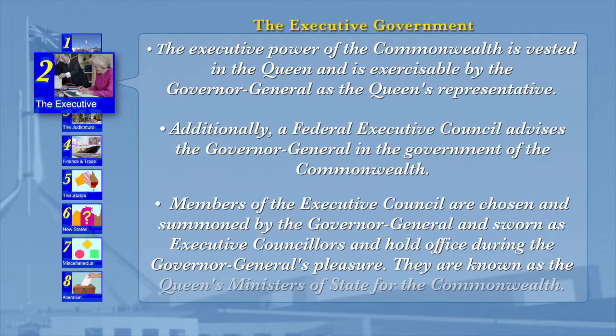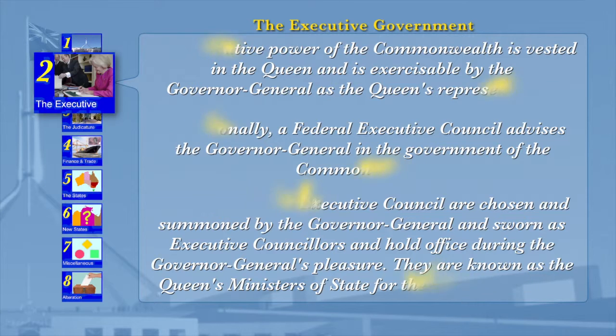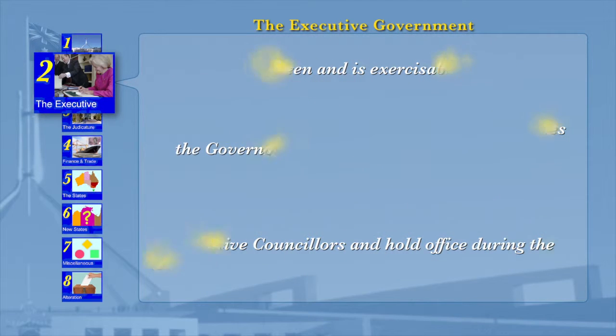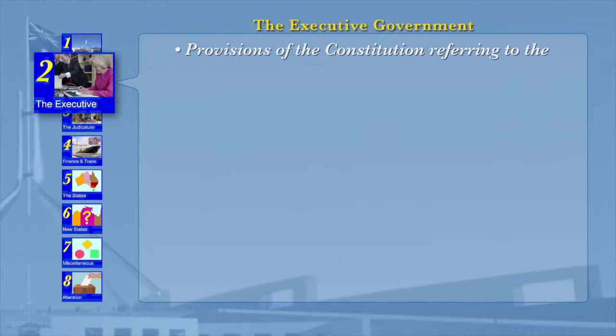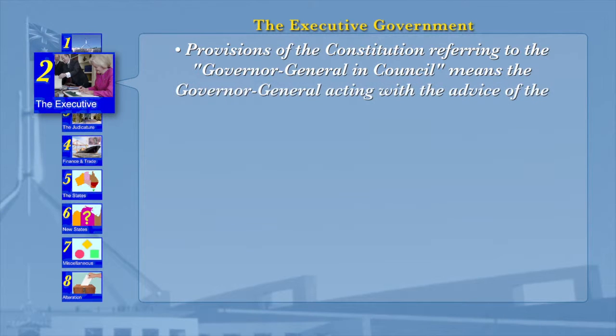They are known as the Queen's Ministers of State for the Commonwealth. Provisions of the Constitution referring to the Governor-General in Council means the Governor-General acting with the advice of the Federal Executive Council.